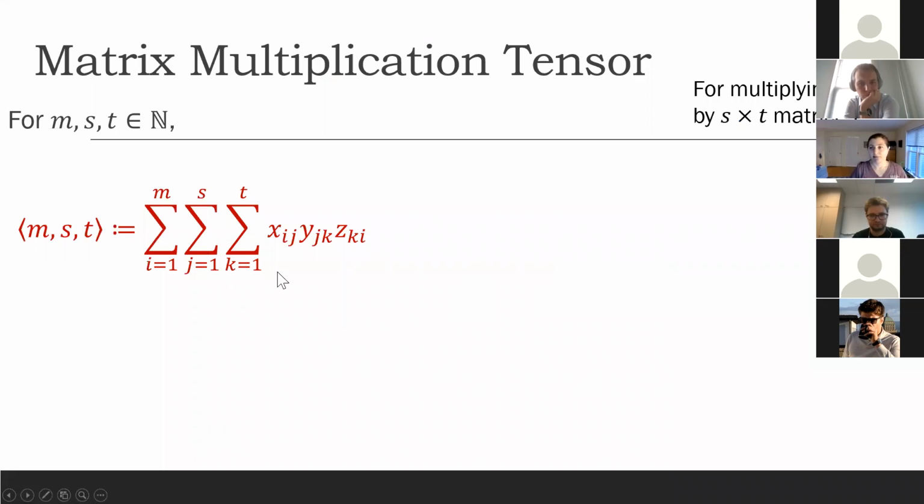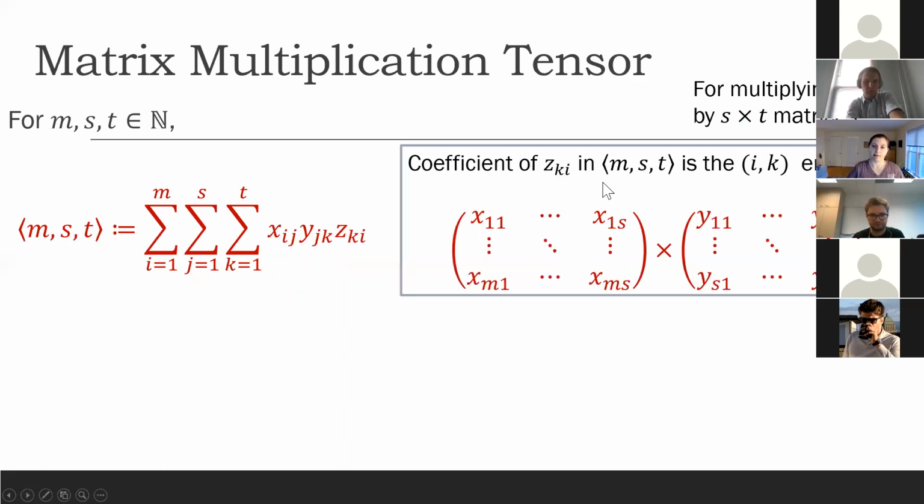All right, with this in mind, here's the matrix multiplication tensor. It's very symmetric: the sum over i, j, k. This is the matrix multiplication tensor for multiplying an m by s by an s by t matrix. If you look at the coefficient in front of the entry z_ki, it is exactly the ik entry of the product of the matrices x and y.